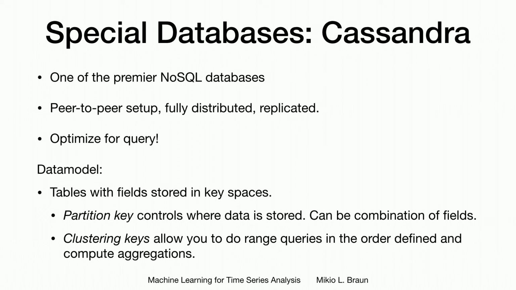Because it's a distributed database, for each piece of data it has to decide where to store it and the replicas, and usually you want the data to be stored very evenly on the cluster. That is what the partition key controls. So when you define the schema for the table, you say this and this is the partition key. Then there is a clustering key, which allows you later on to do range queries on the data, and can be used so that you can easily access time ranges in the data.